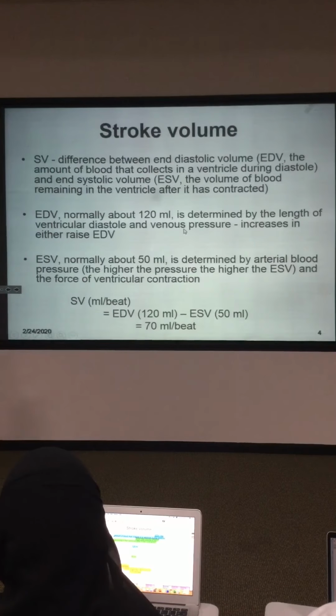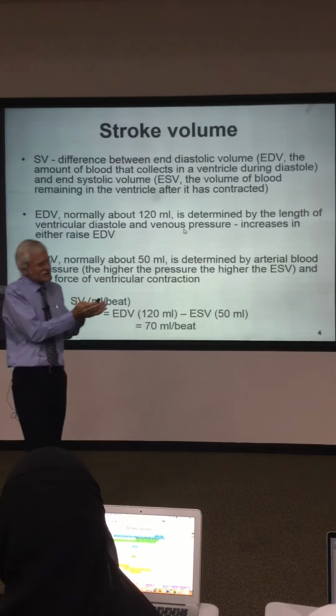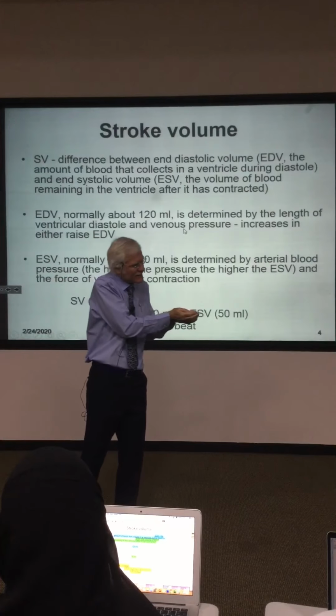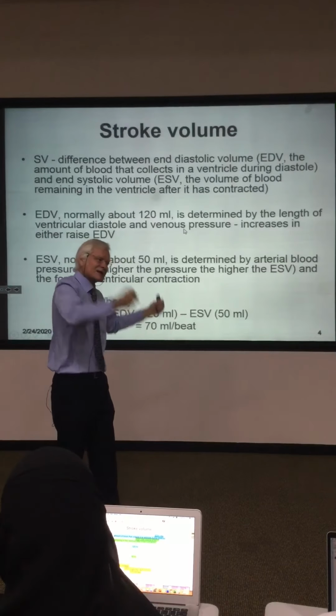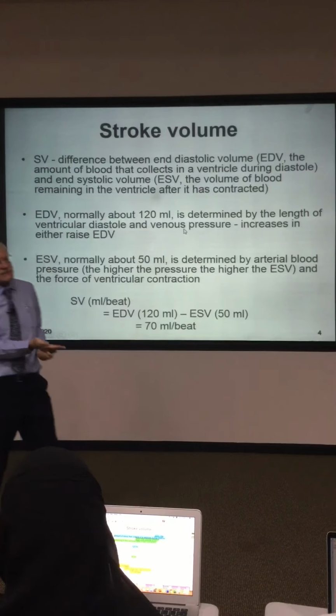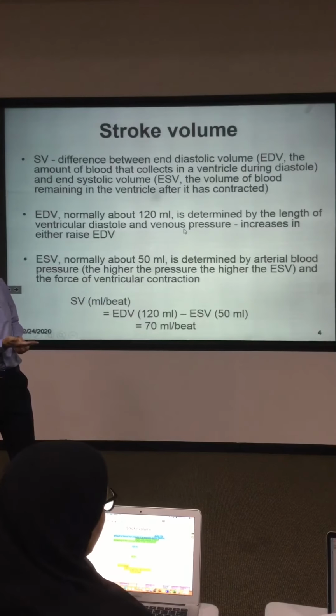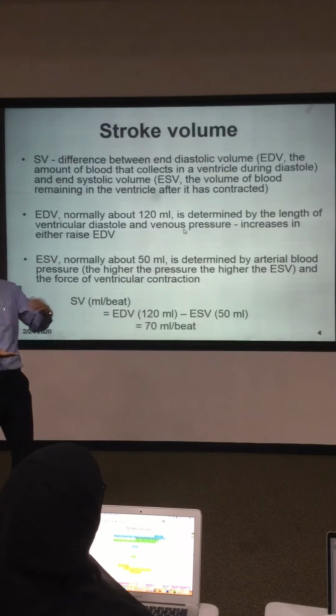So in other words, the amount of blood that's left in the ventricle depends on the force of contraction and also the afterload pressure, the pressure in front of the heart, if you like, trying to restrict the movement of blood from the ventricle into the systemic circulation.